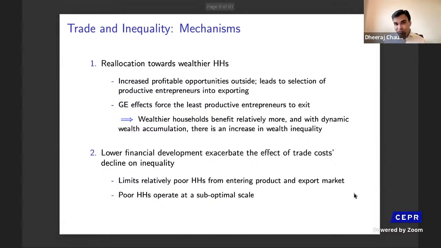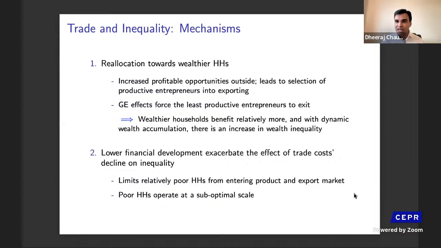So the second part that is more interesting is that the level of financial development can interact with how trade costs affect wealth inequality. In particular, I find that financial constraints can exacerbate the effect of declining trade barriers on wealth inequality. These credit frictions limit relatively poor households from taking advantage of the new economic opportunities provided by this outside market that they are not able to access.